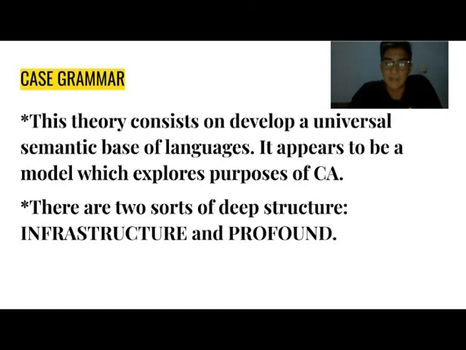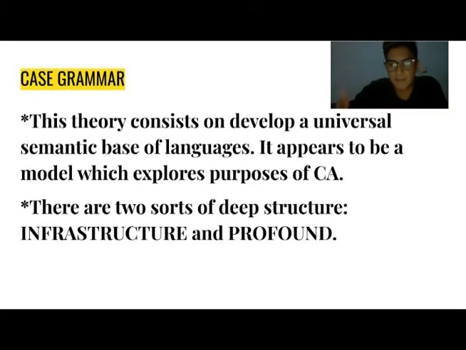Infrastructure underlies the surface structure of a particular language and may be invoked to explain instances of ambiguity and synonymy between pairs of sentences in that language. About profound structure, we can say that it is assumed to be universal. The former is more complex and diverse than the latter.